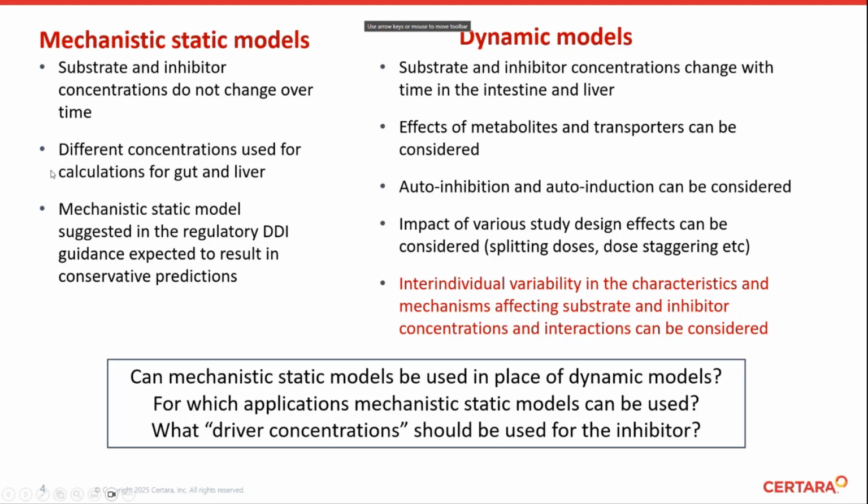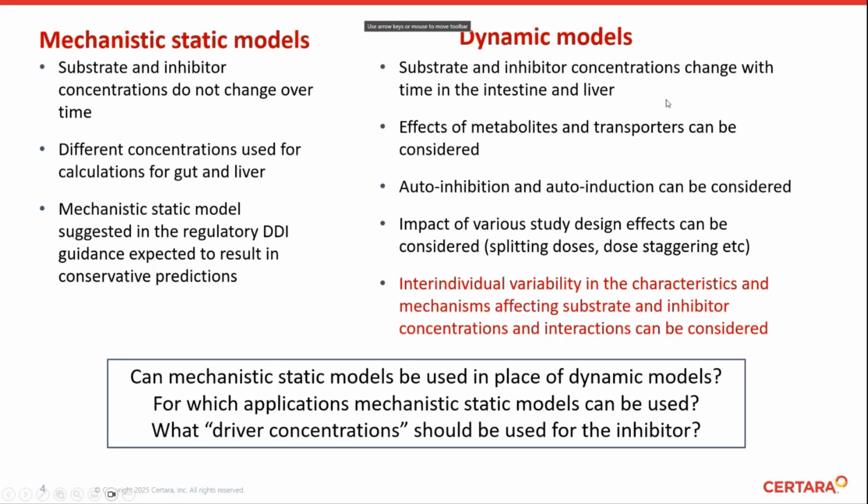The mechanistic static model suggested in the regulatory DDI guidance is expected to result in conservative predictions, and it's really geared towards over-predicting the DDI risk rather than under-predicting it, or that is the expectation.